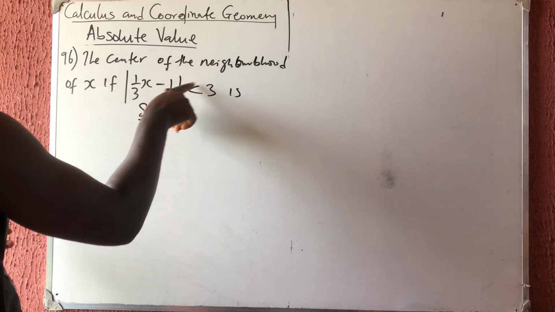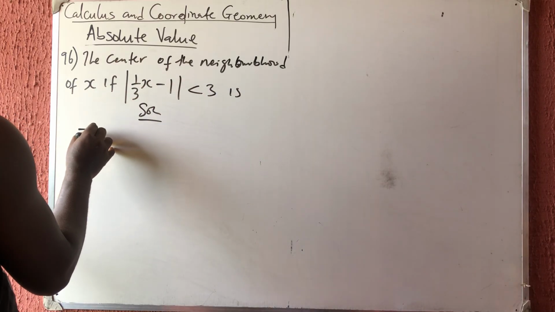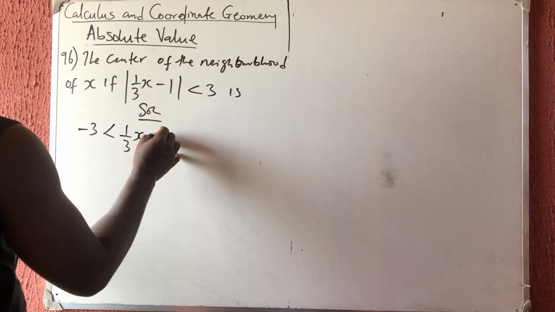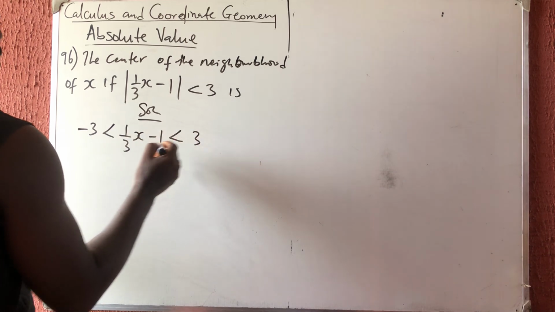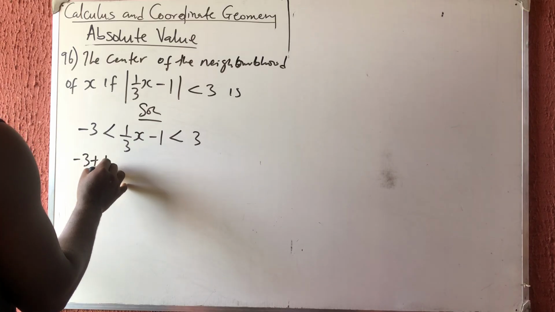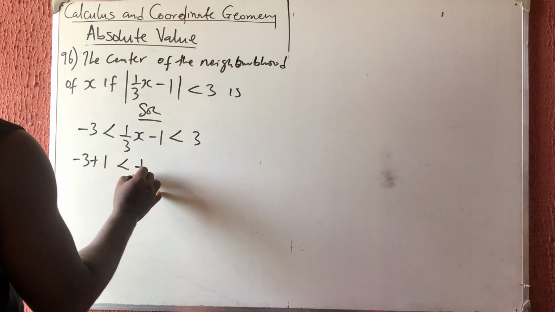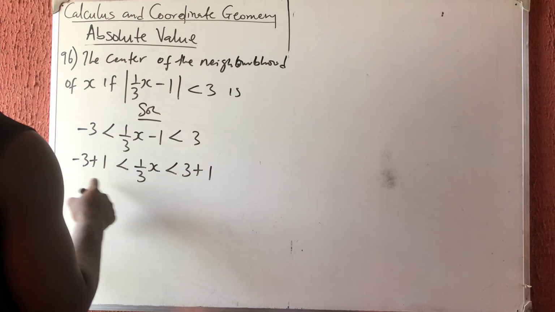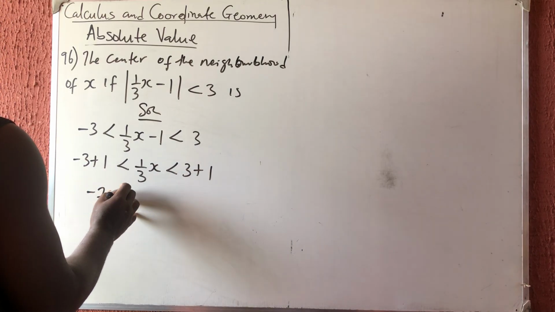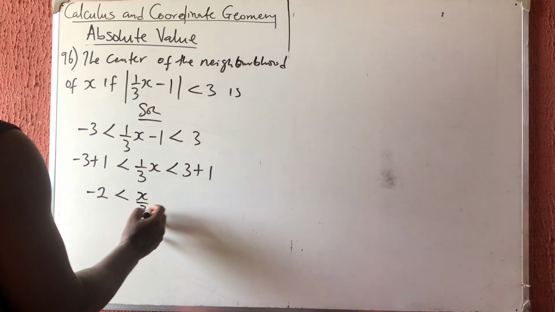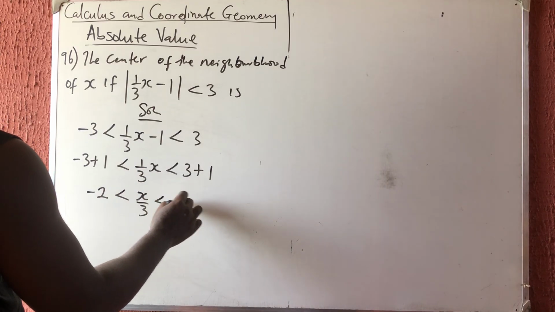For us to remove this absolute value, we say that minus 3 is less than 1 over 3x minus 1, which is less than 3. So this one will go to left and right, so I'm going to say minus 3 plus 1 is less than 1 over 3x, which is less than 3 plus 1. So this gives me minus 2 is less than x over 3, which is less than 4.